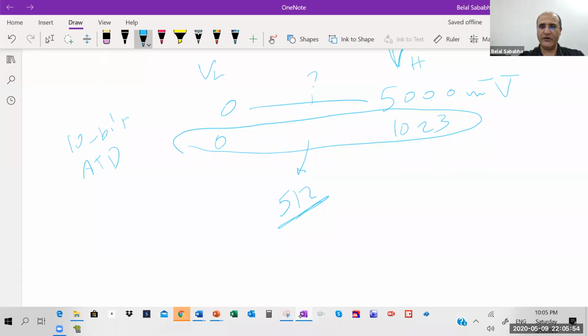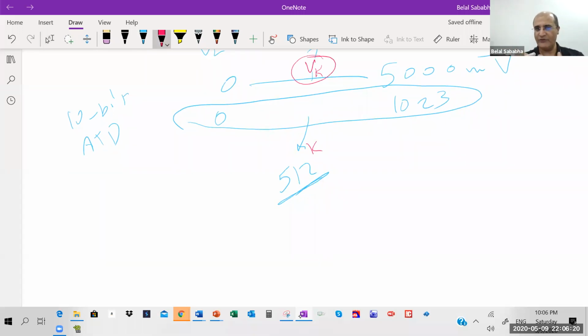Let's call it K, a number. K was 512. What is the voltage that corresponds to this number, the one connected to the pin?